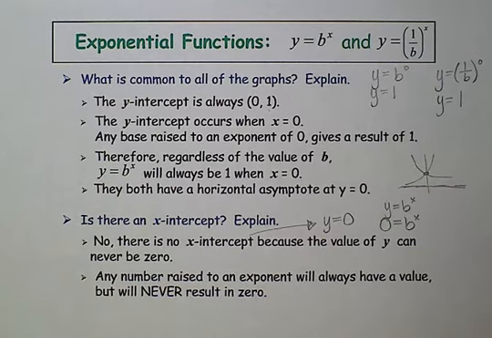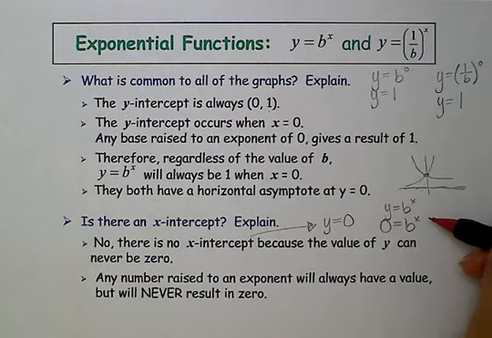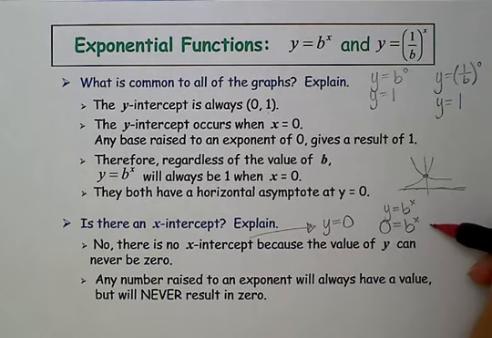And no, there isn't. There is no value of x that will ever make that statement true. Okay, and that's the reason why you have no x-intercepts. Any number raised to an exponent will always have a value, but will never result in 0. So no value of x will ever make the statement true.